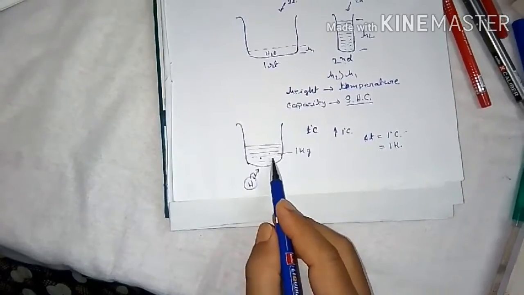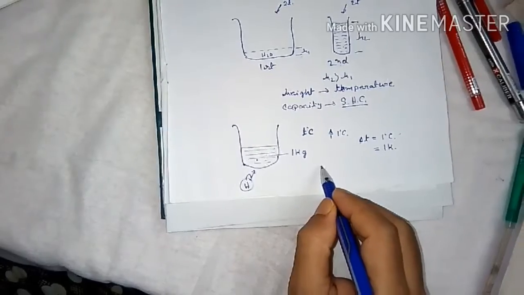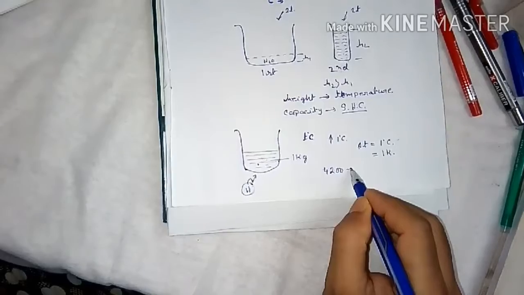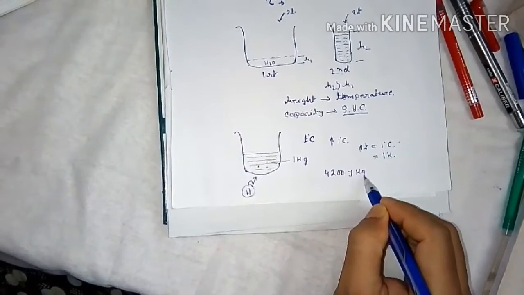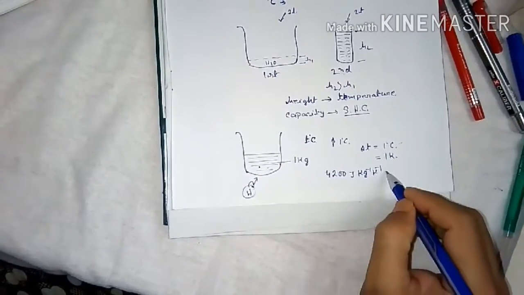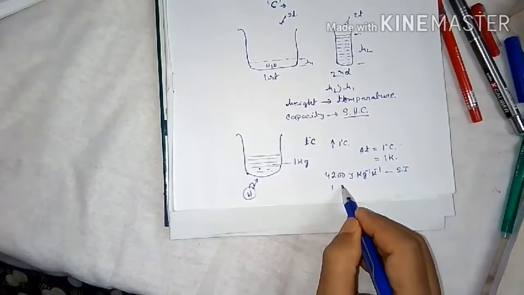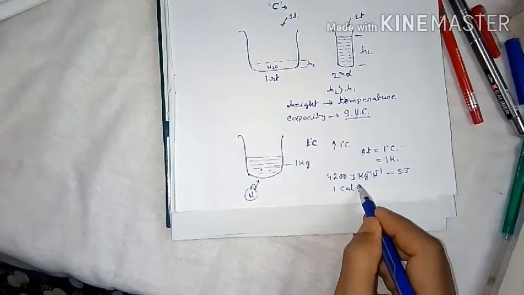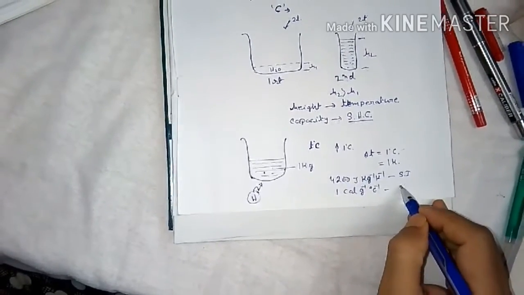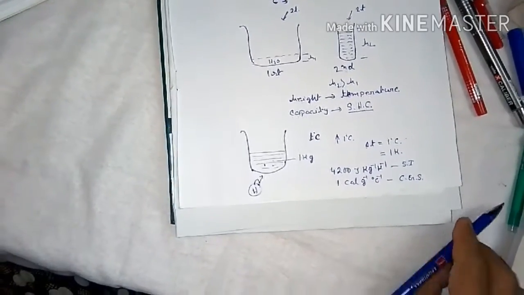If it is water, then the specific heat capacity of water in the SI system is 4200 joule per kg per Kelvin, and in the CGS system it is 1 calorie per gram per degree Celsius.